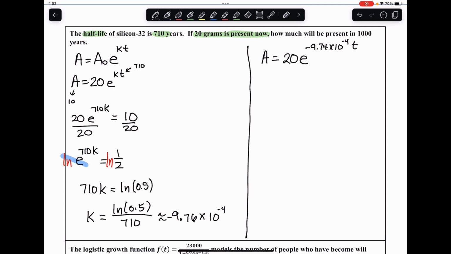And now what we have to do is evaluate this and figure out how much of this silicon-32 is going to be left after 1,000 years. So 1,000 years from when it initially had the 20. So we're going to replace t with 1,000.